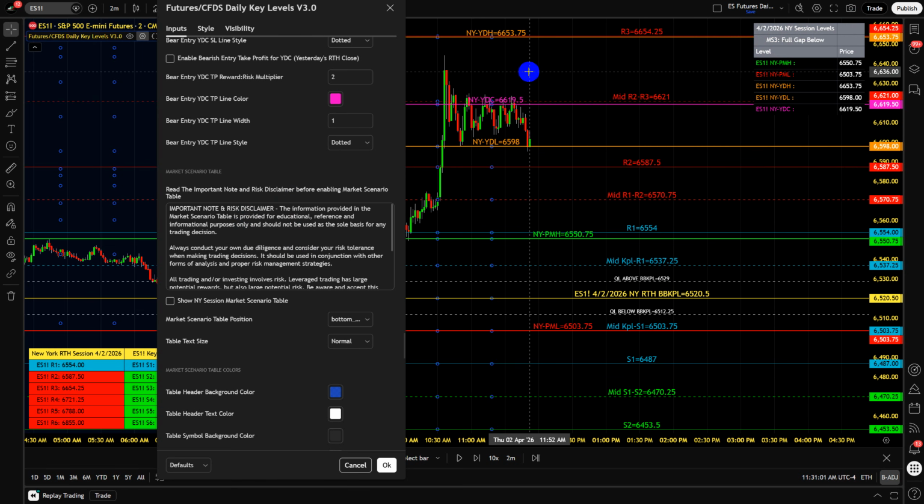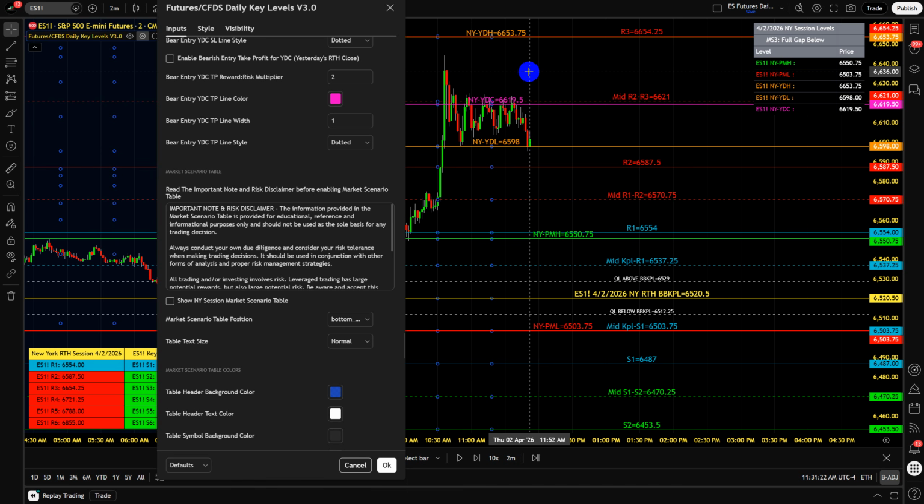On any given day, there's only 6 different market structure scenarios that any symbol can open in, and that is a function of 4 of the contextual levels, the YDL, the YDH, the PML, and the PMH, and the relationship between those 4 levels.